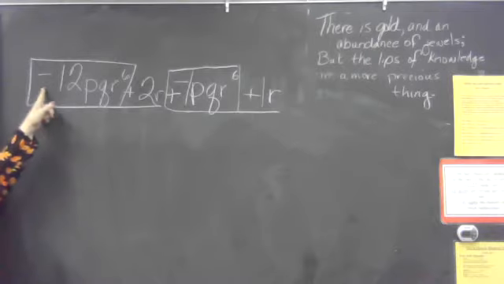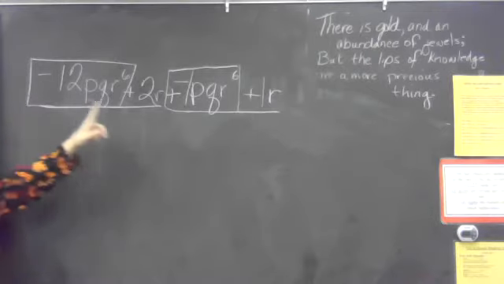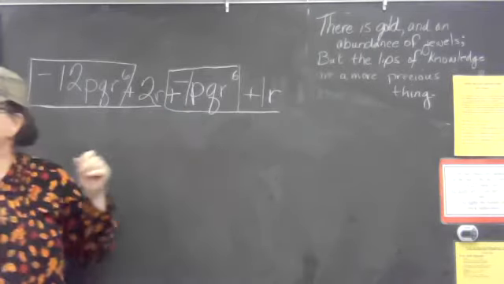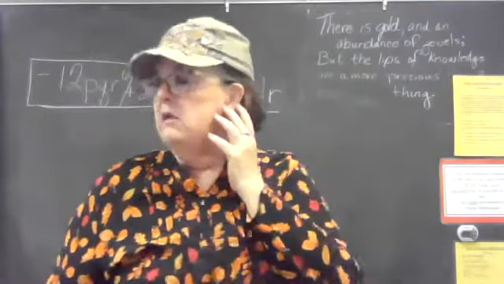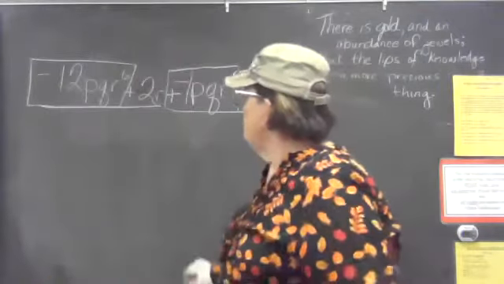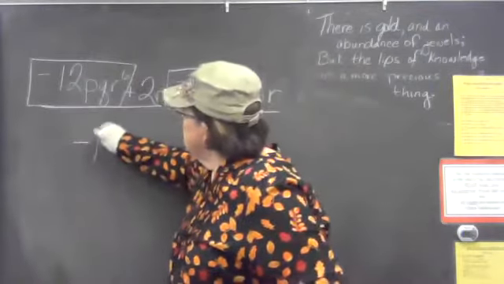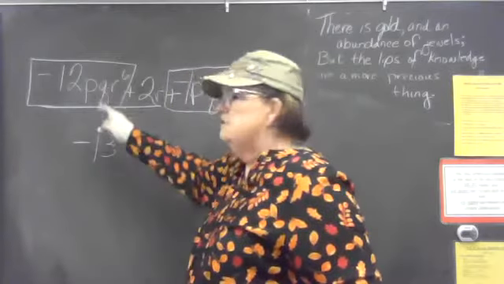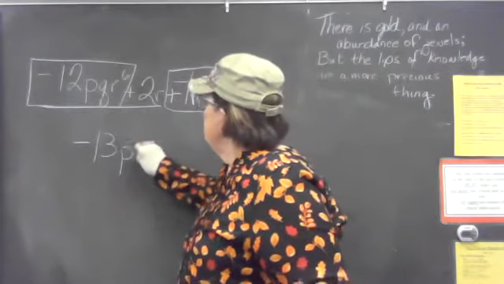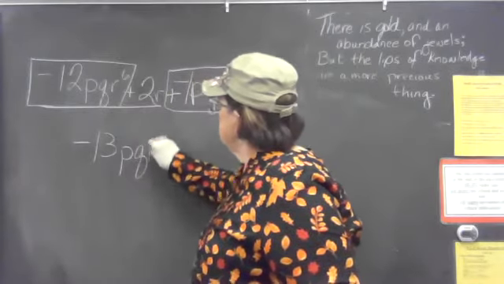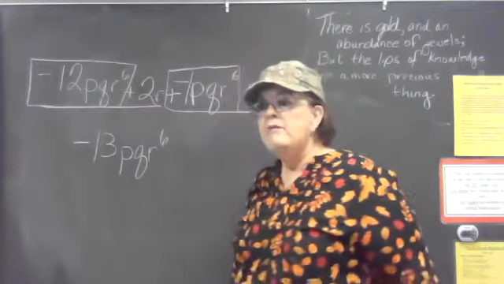You have a -12 plus a -1 of these. Okay, -12 plus -1 is a -13 of these. I'm simply adding the things that are identical to each other. So I have this.